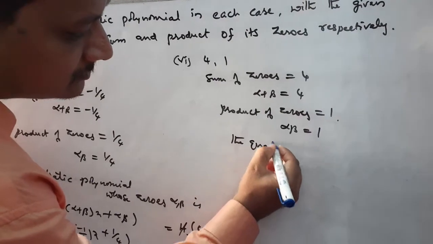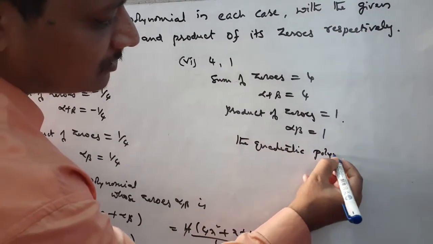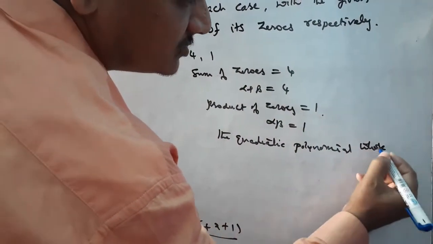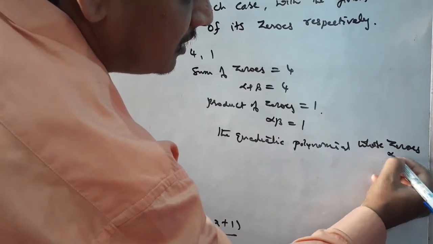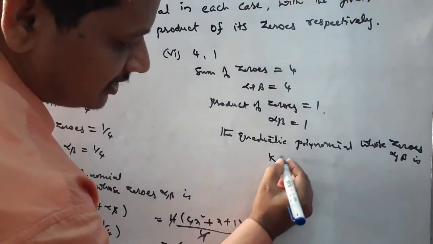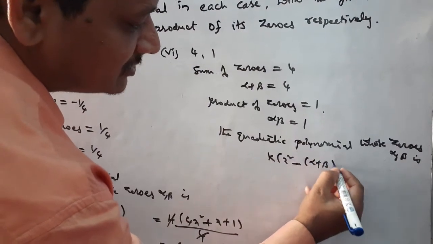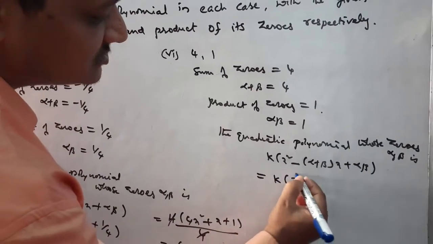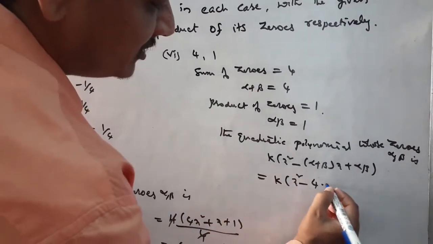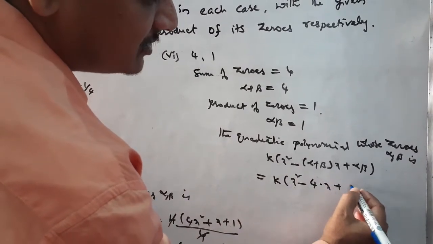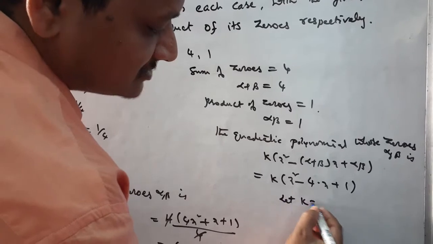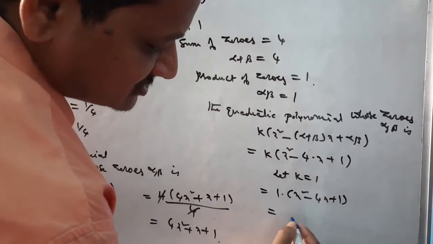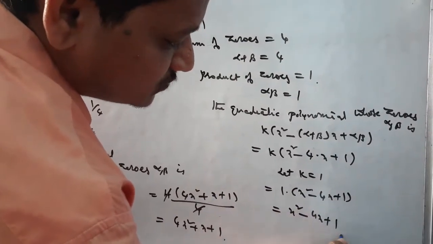So the quadratic polynomial whose zeros are alpha, beta is k into x square minus (alpha plus beta) into x plus alpha beta, that is k into x square minus 4 into x plus 1. Let k equal to 1, we get 1 into x square minus 4x plus 1, that is x square minus 4x plus 1.